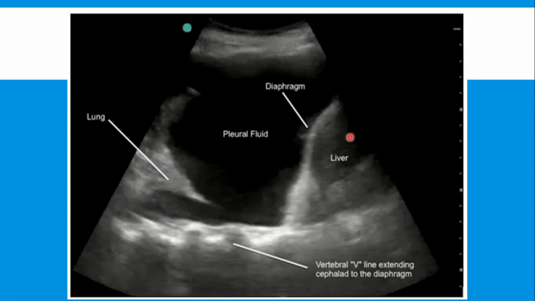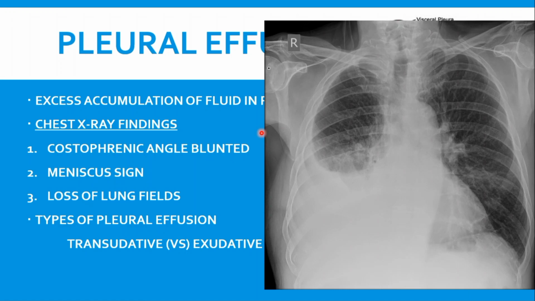If the amount of fluid is very less but still causing symptoms, to view those you can do a lateral decubitus x-ray, that is, turn the patient to one side so that fluid gravitates down, and you can see that easily. But when the pleural effusion is huge, you can see it in the AP or PA view itself.